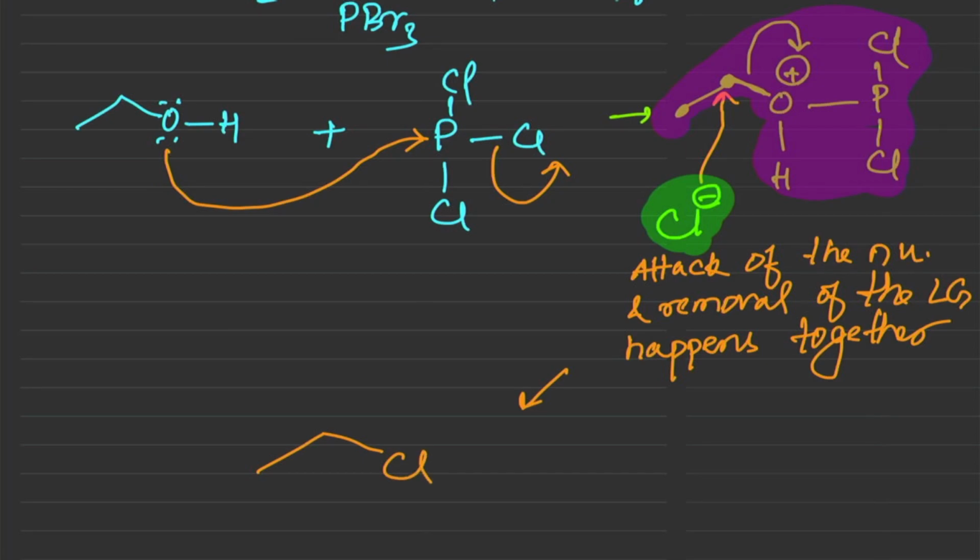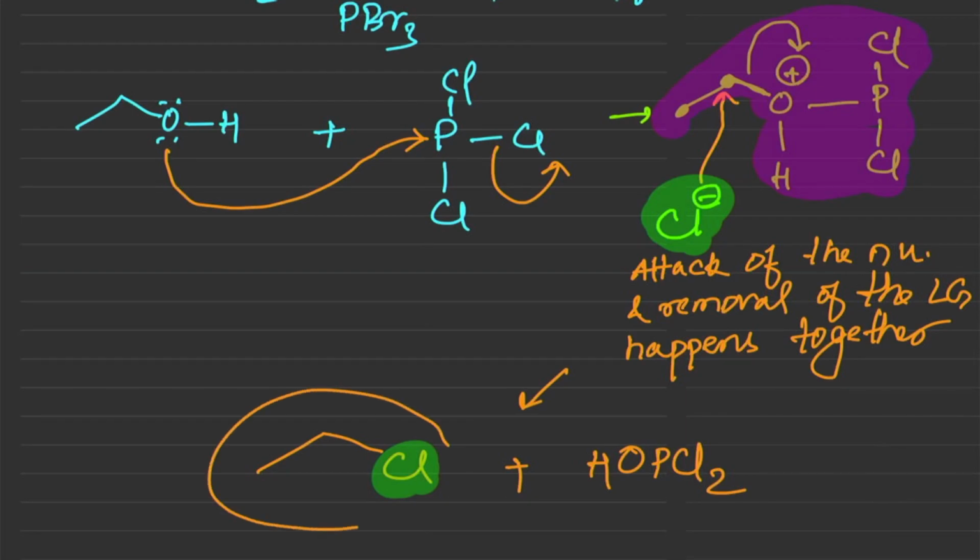You've got chlorine connected, and the leaving group was OPHPCl2. All right, so that's pretty much the end product. We care about the product here. We don't worry about the side products, but just know it's there. All right, so now let's look at how we can exploit this.